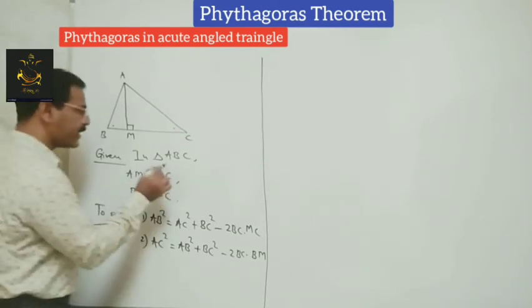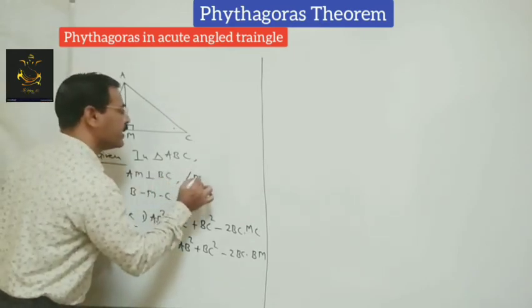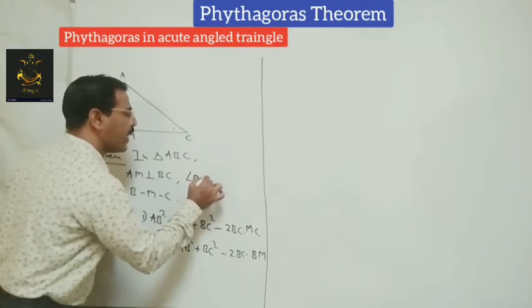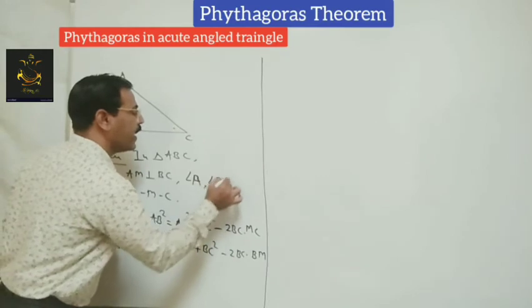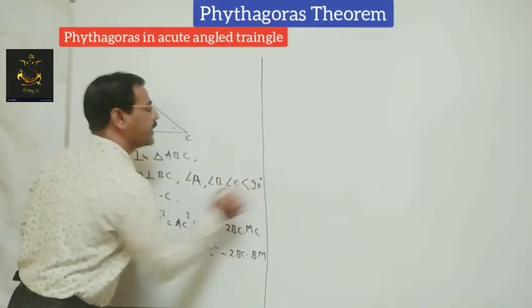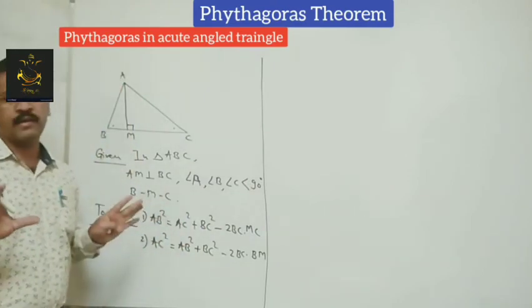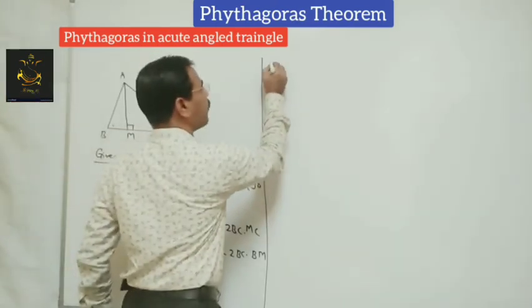In the given part we can write that angle A, angle B and angle C are less than 90 degrees, which means all of them are acute angles. Now let's see the proof part.